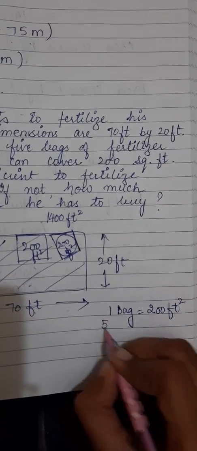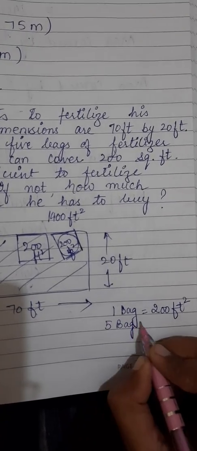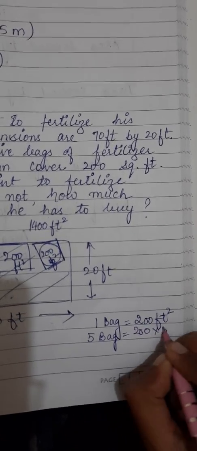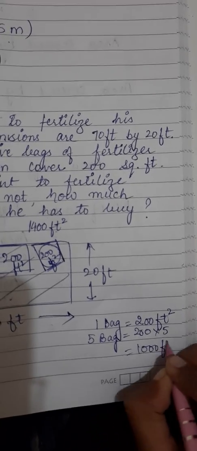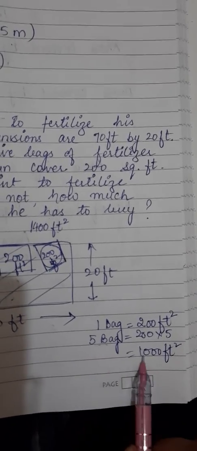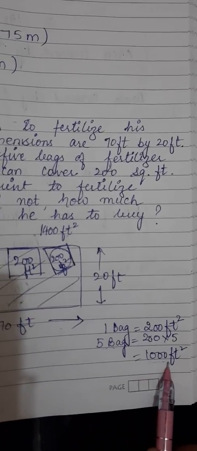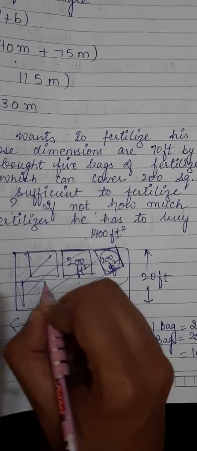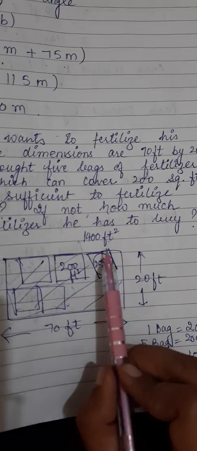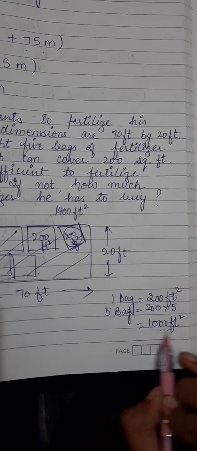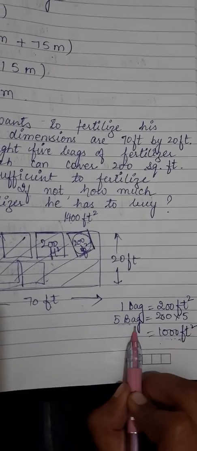Then how much area are the 5 bags going to fertilize? 200 multiplied by 5 will be 1000 square feet. So this means 5 bags are going to cover 1000 square feet of area. 1, 2, 3, 4 and 5. Out of the 1400 square feet of area, 1000 square feet is covered by 5 bags.